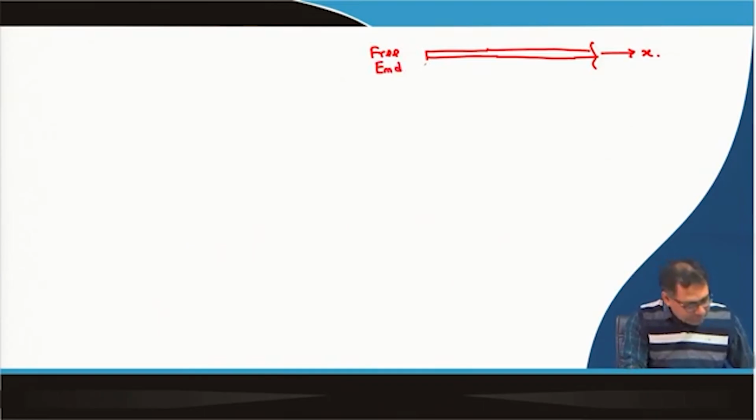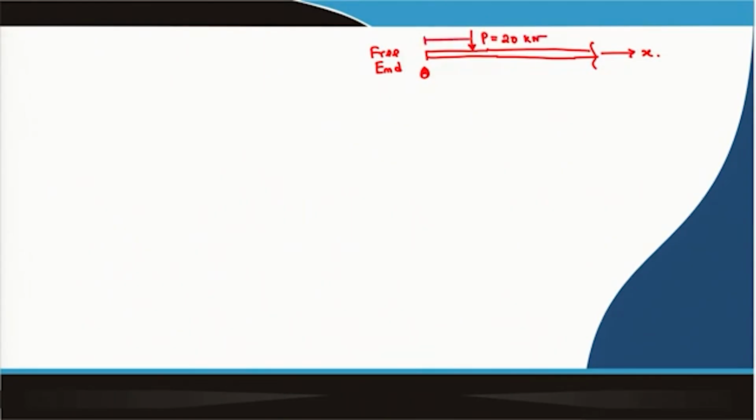That free end is point O, and we are applying one concentrated load P, which is 20 kilonewton, at a distance of 0.75 meter.